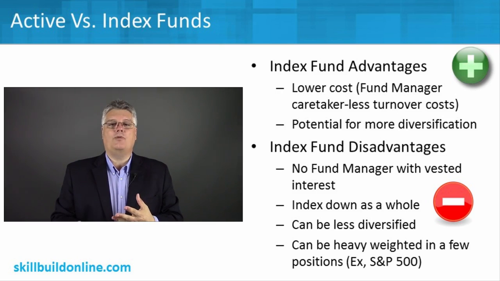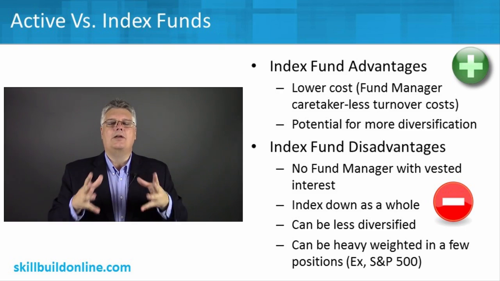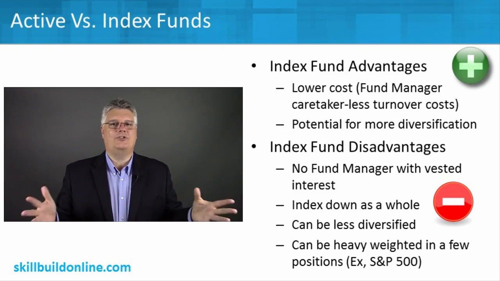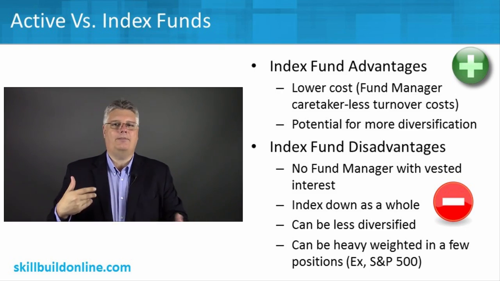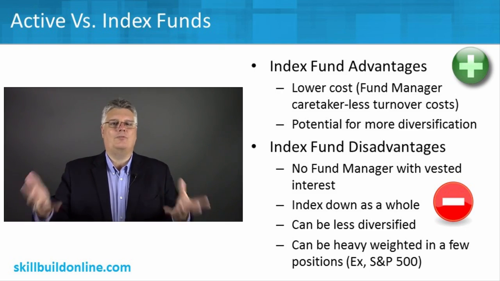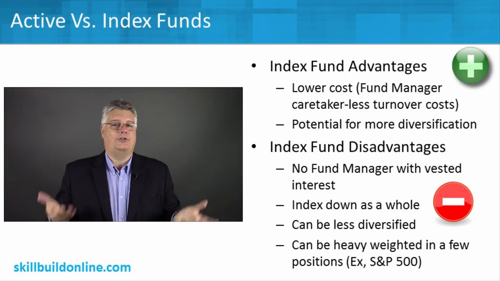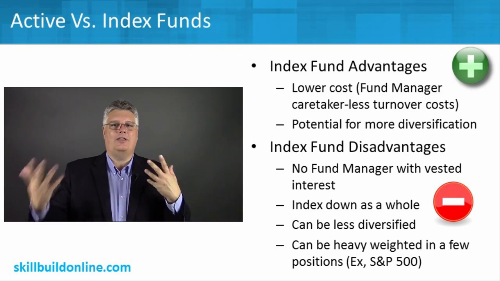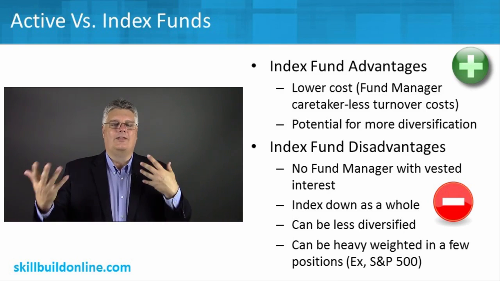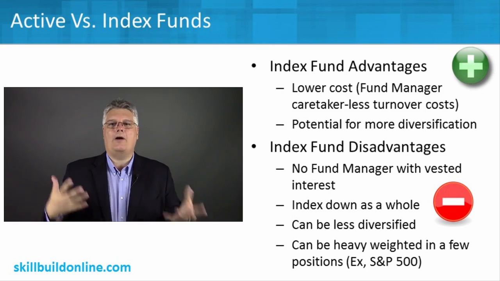Also, it might be something that's weighted if you have like a sector index fund. I saw a good example of that, like if you look at the energy sector, for example, you could buy an index fund that tracks the energy sector, which sounds great. I get all these different types of energy companies, oil companies, gas companies, pipeline companies, people who build platforms for drilling, anything related to energy. Maybe even alternative energy is in there too, like solar power and wind power, and boy, that's great.